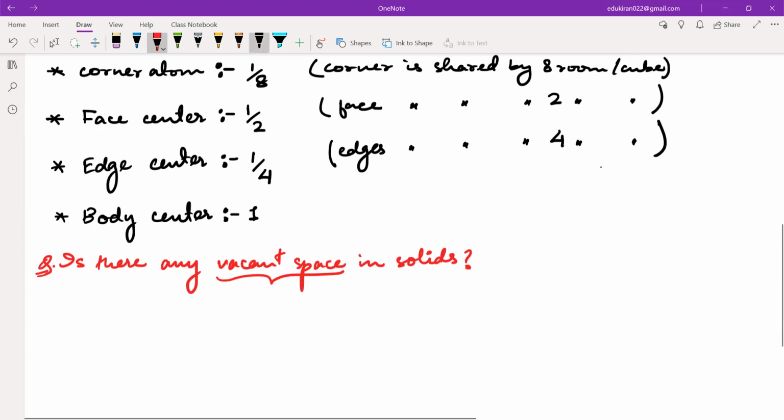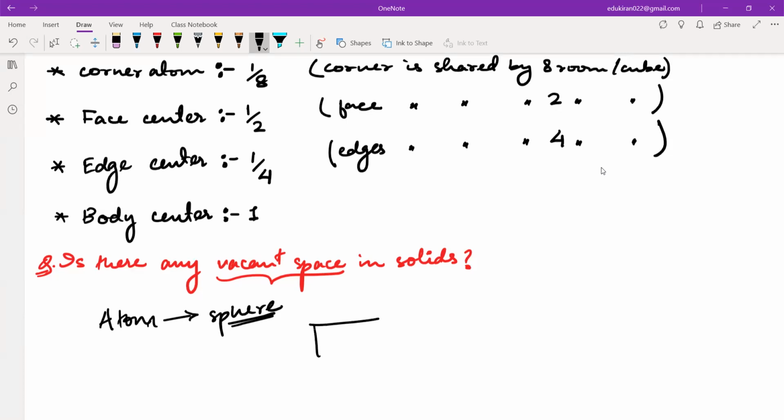So Hamza, you also think the solid will have vacant spaces, right? And if somebody argues that it cannot have, then you can ask them what they think is the shape of an atom. The atom, as an approximation, is a sphere in 3D. And you can have iron blocks which are cubical or cuboidal in shape.